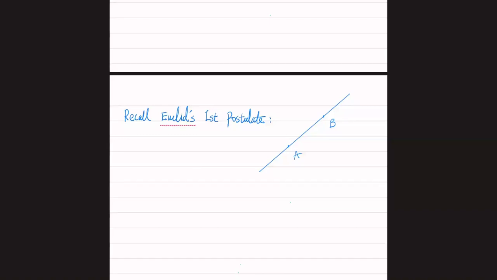Now we put everything in coordinates. Coordinate geometry. Okay, now we're going to draw a coordinate system. For these two points, we will have two coordinates.